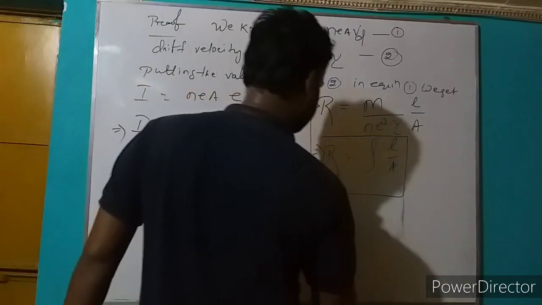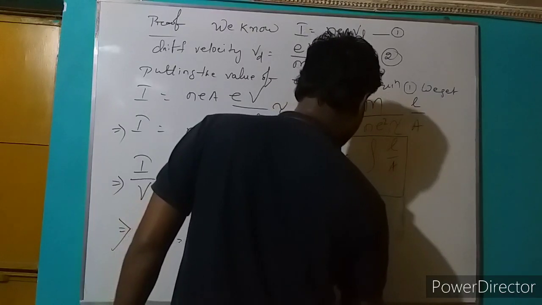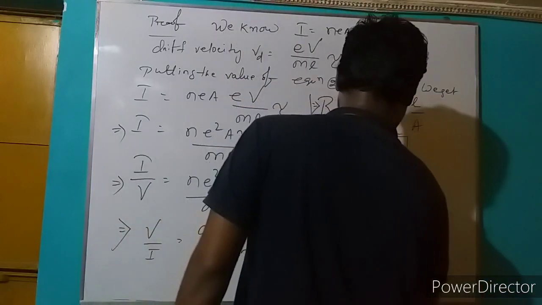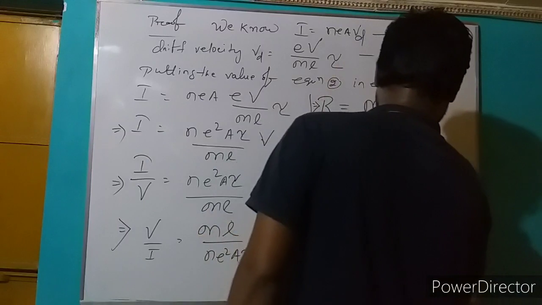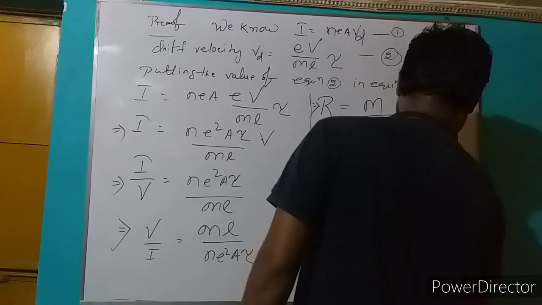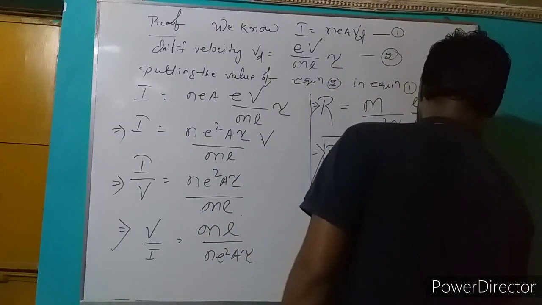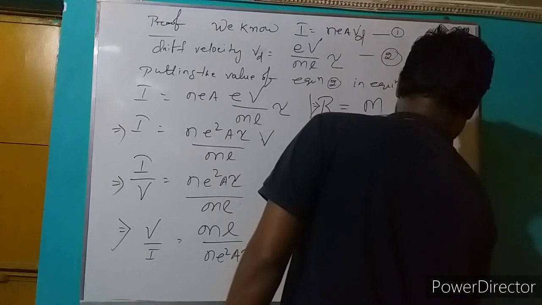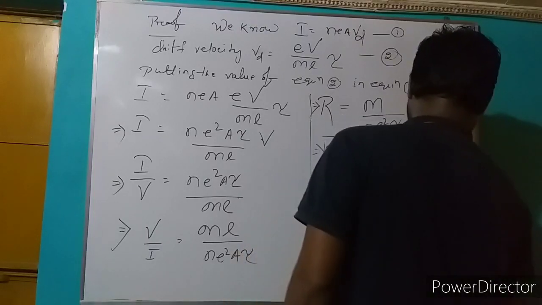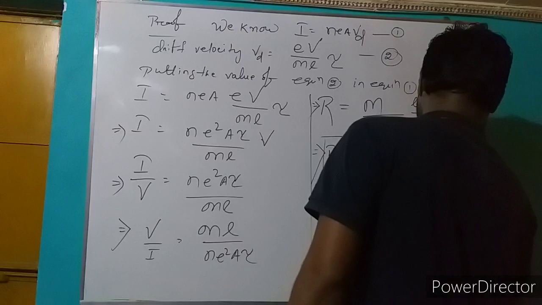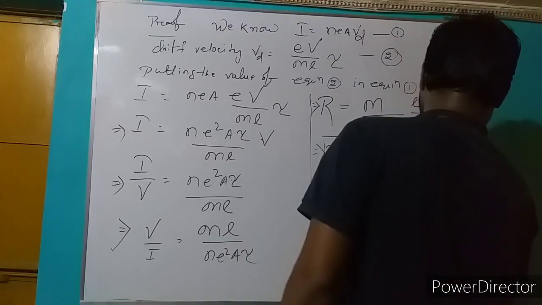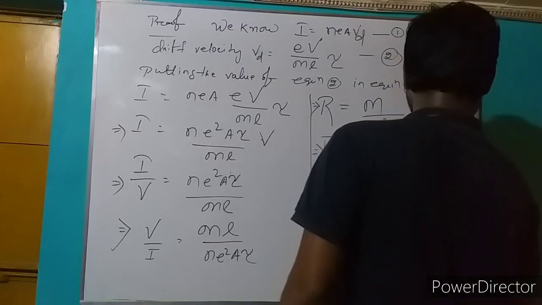So here R equals resistance of the conductor, resistance of the material.